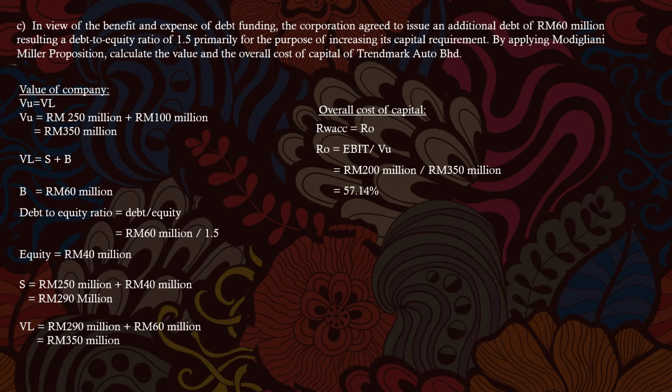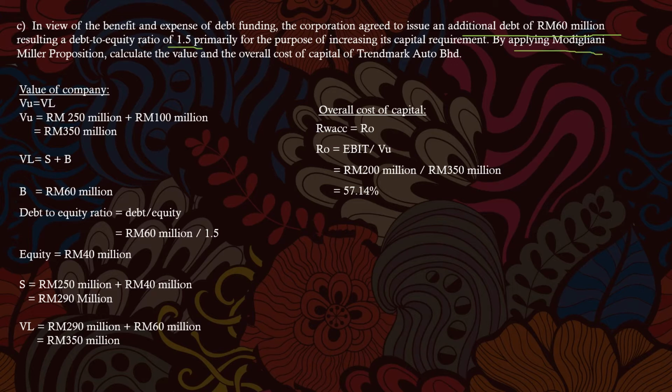The question is about the benefits and expenses of debt funding. The corporation agreed to issue an additional debt of 60 million, resulting in a debt to equity ratio of 1.5, primarily for the purpose of increasing its capital requirement.